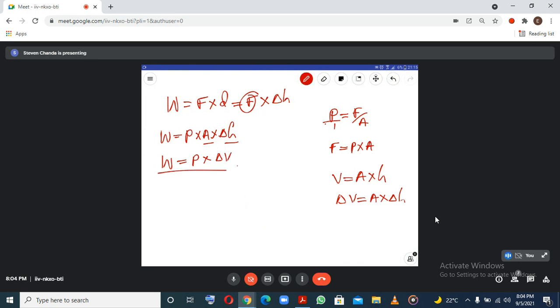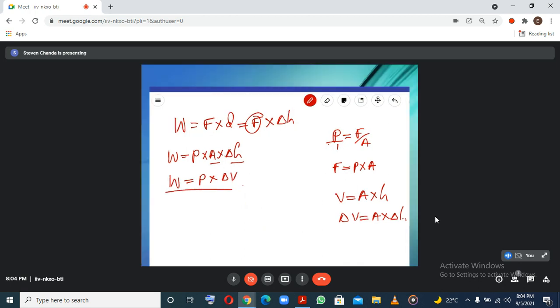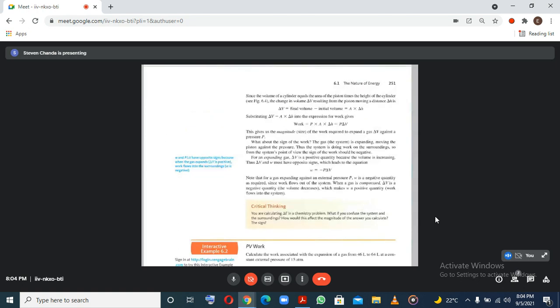That's how we come up with that equation. We know that change in volume is just the final volume minus the initial volume. So I hope now we can see where our equation comes from: work is equal to pressure times the change in volume.